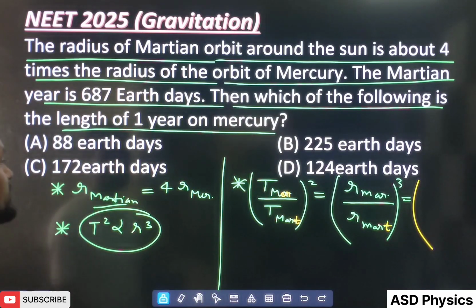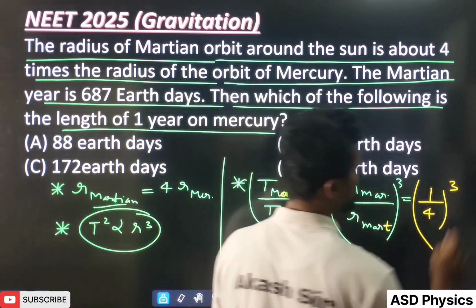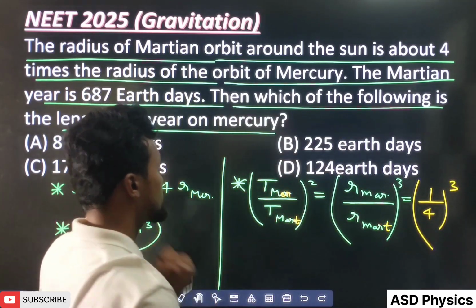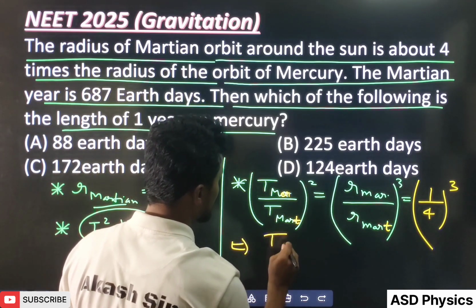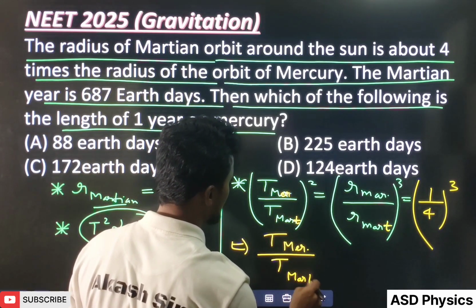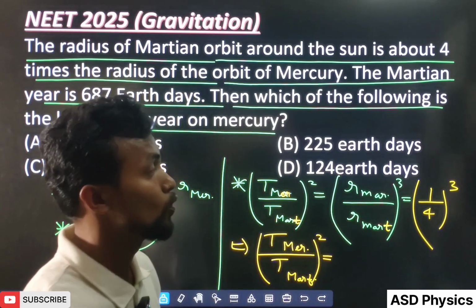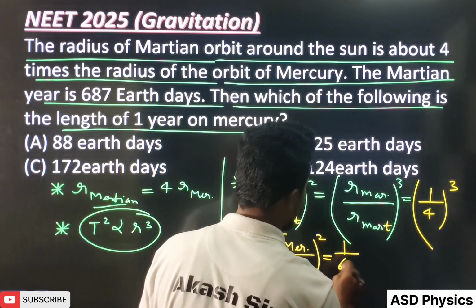R Martian is given here 4 times of the R Mercury, so this will become 1 by 4 cube. So T Mercury by T Martian square is equal to how much here? 1 by 64.